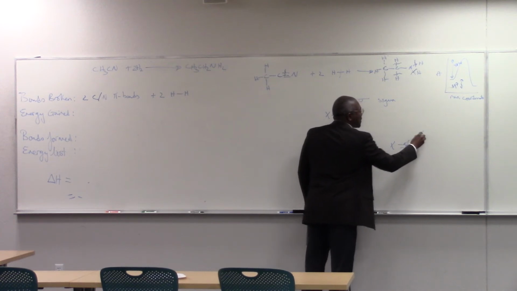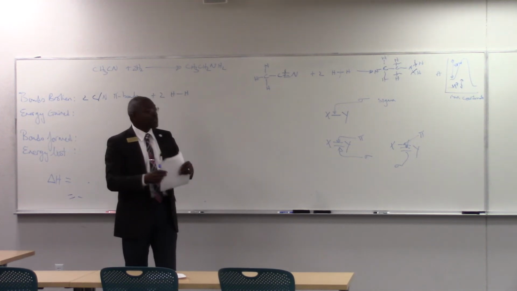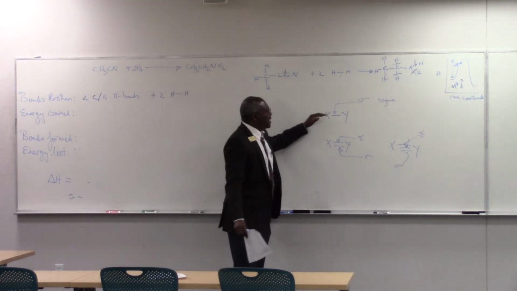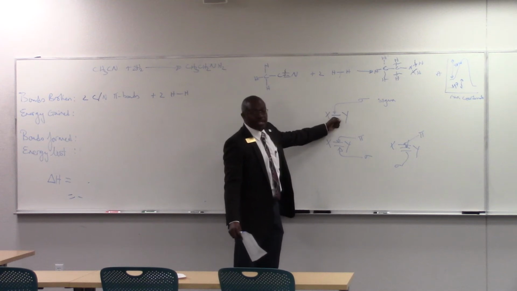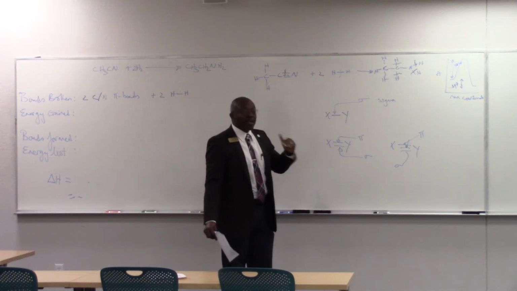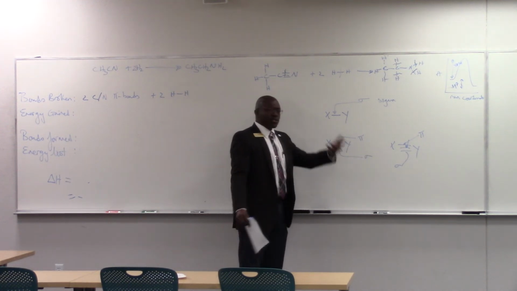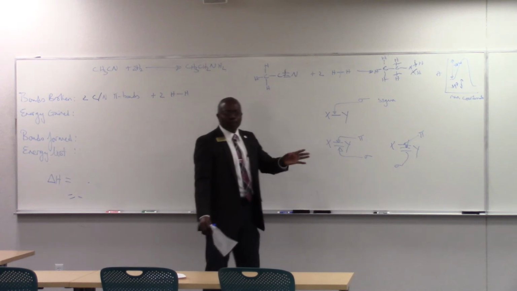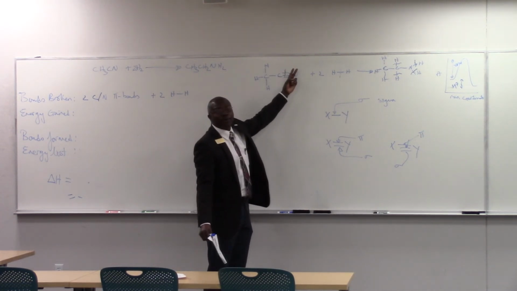We will talk about these in more detail later when we do hybridization, which you may have met in Gen Chem. In any XY bond, if it's a single bond, it must be sigma. When the bonds are multiple bonds, one is sigma and the others are pi. There's no convention as to whether the bottom one is sigma or the top one is pi. It doesn't matter. One is sigma, one is pi. So in this triple bond, there are two pi bonds and a sigma bond.